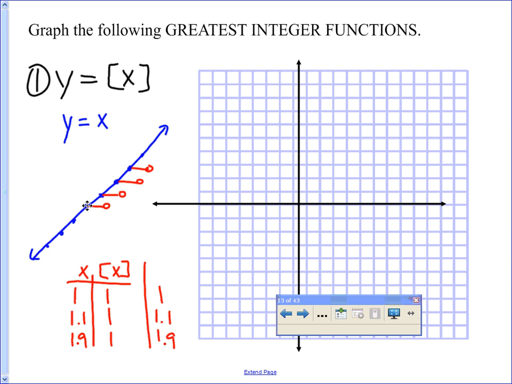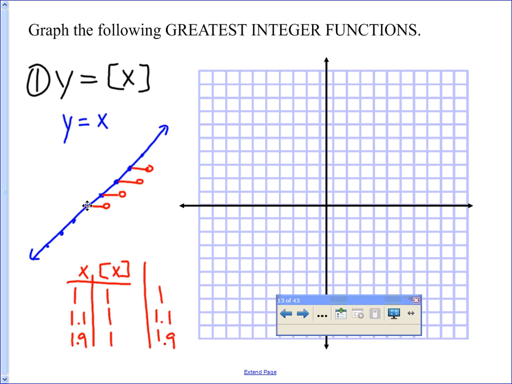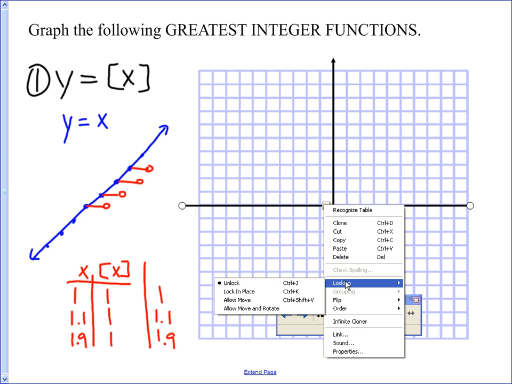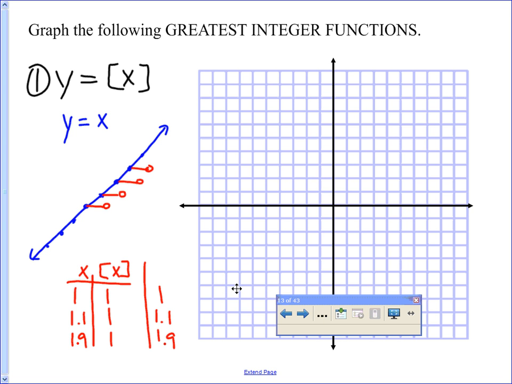All right. So to graph this parent greatest integer function, first I need to fix this graph. I would start out with a graph that looks just like, 1, 1, 2, 2, and so on, just like I'm graphing the line y equals x.